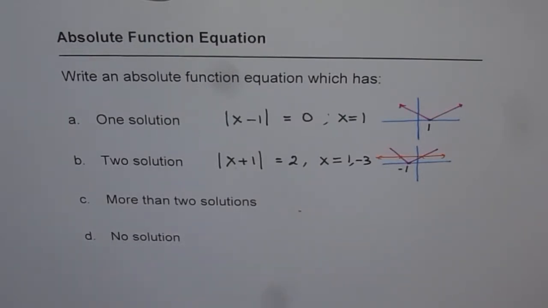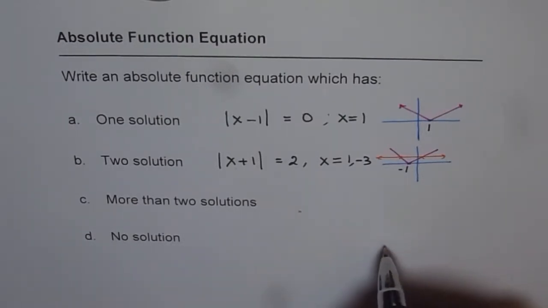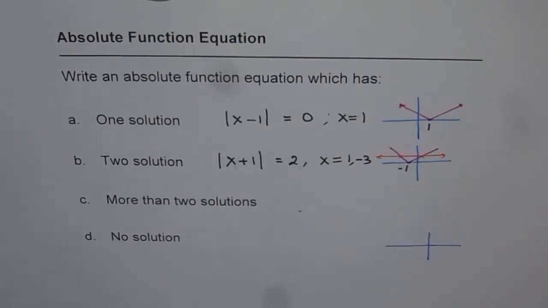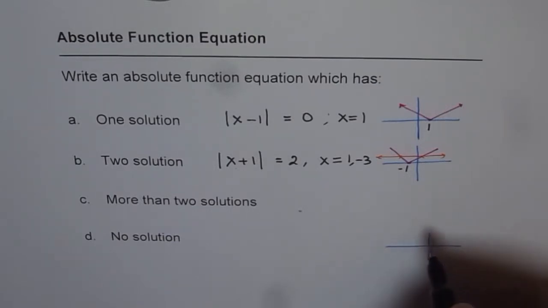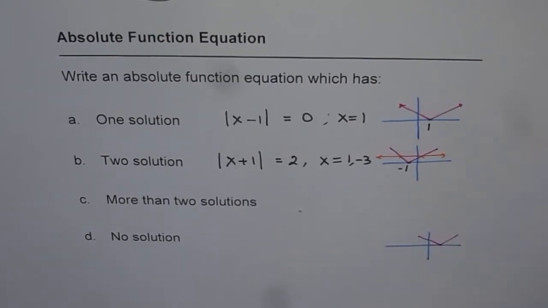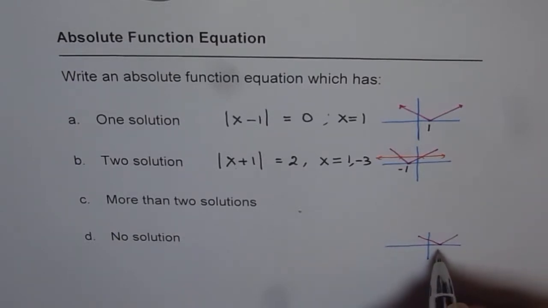So no solution means, okay, again, let me draw some absolute function, and say my absolute function this time is kind of like this. Now I want no solution. So let us say this point for us is 2.